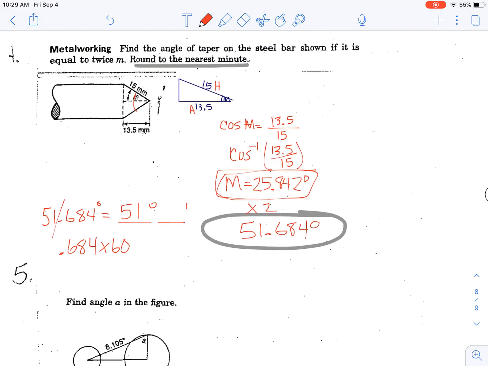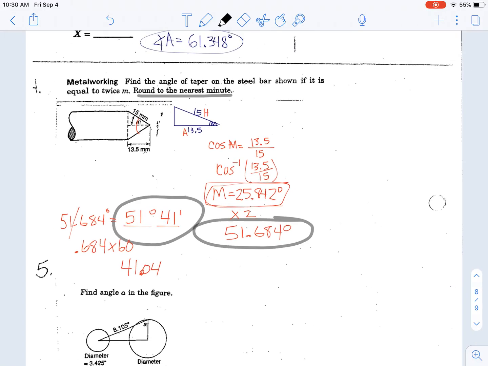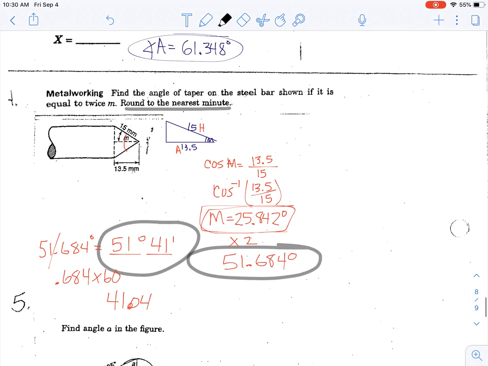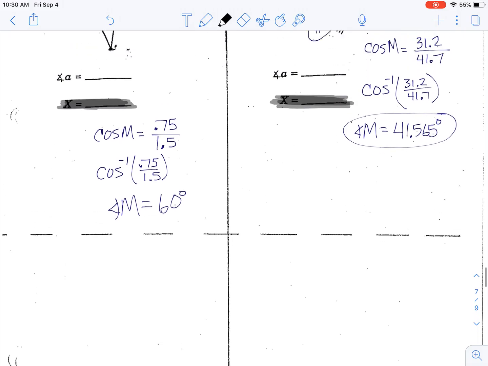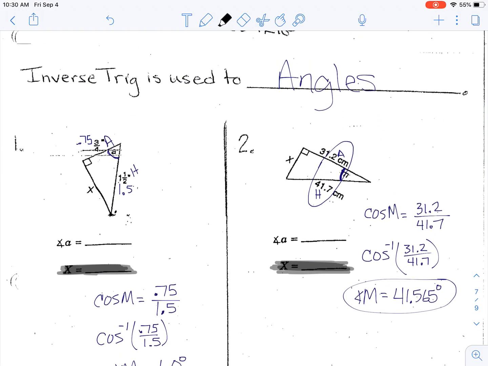And because it's asking for the nearest minute, our answer, 41.04, we would just round it to 41 and we would be done. Now, if it was asking for nearest second, we would do the multiplication by 60 again. All right, but our main focus today was making sure that we know how to do the inverse trig, and that the inverse trig is used to find missing angles of a right triangle.